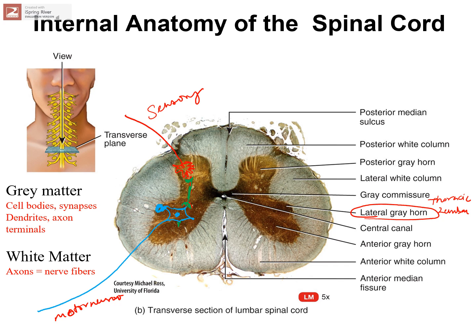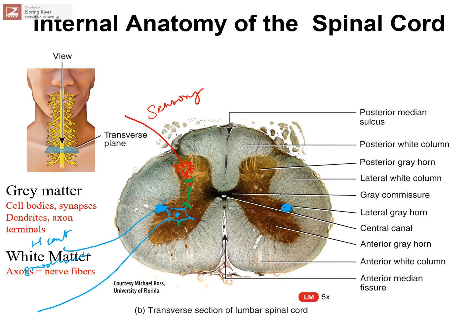In this region you have the autonomic motor neurons that regulate the heart, smooth muscles and glands. So those cell bodies enter the lateral horn in the thoracic and upper lumbar regions. The other parts of the spinal cord don't have the lateral gray horn.